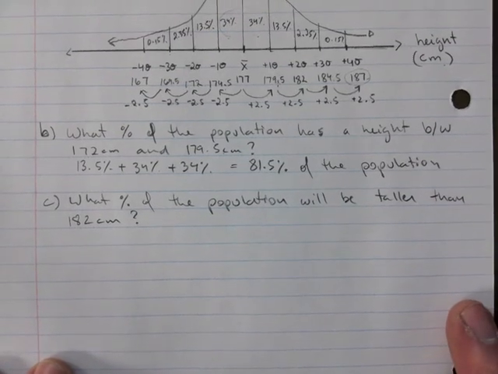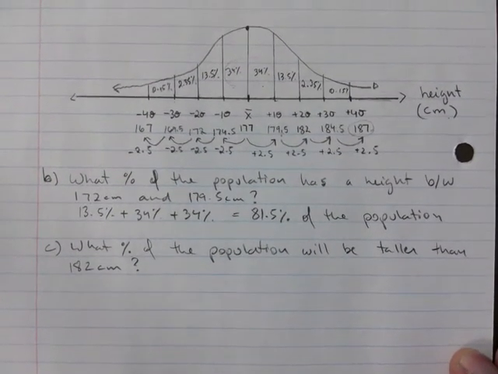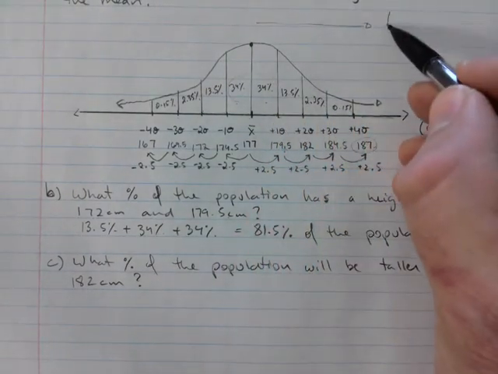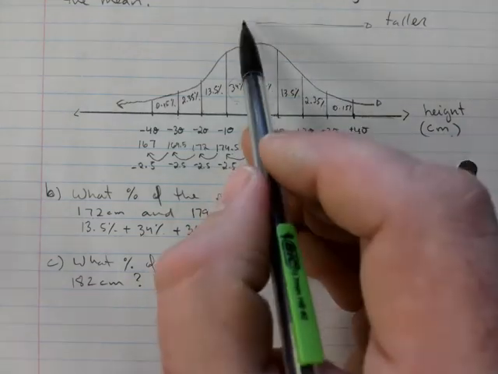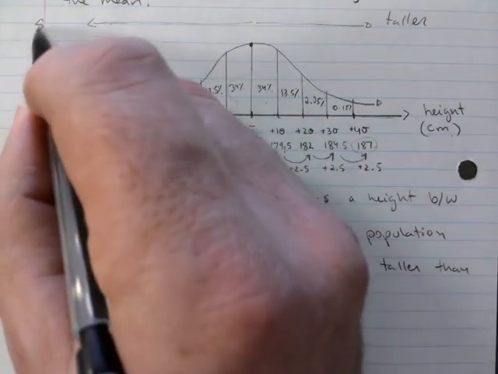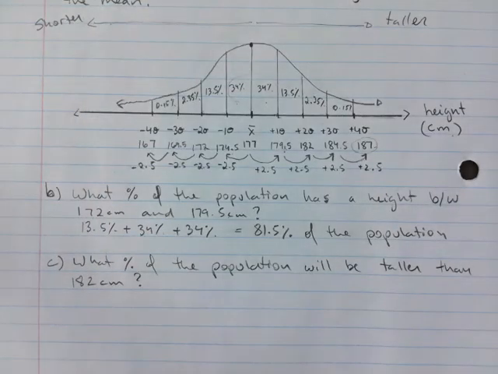Let me go back up to the graph. You would all have to agree that the further to the right you are, the taller you are, and the further left you are, in this case, you'd be shorter.